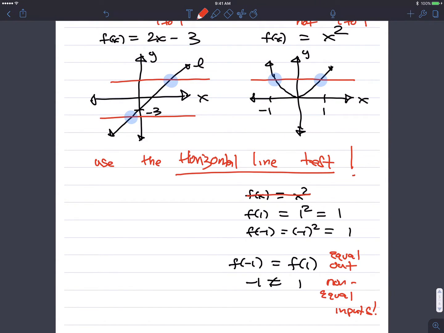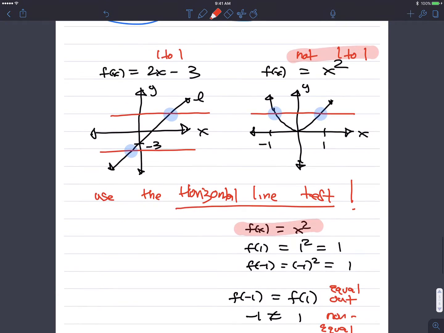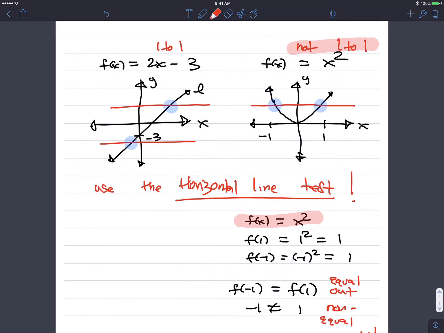This is a quadratic. Sorry, I'm trying to get the highlight. My quadratic function, x squared, is not 1-to-1. And there's various reasons. We proved it. We looked at a counterexample. We've seen that the horizontal line test touches this curve at more than one spot and not 1-to-1.